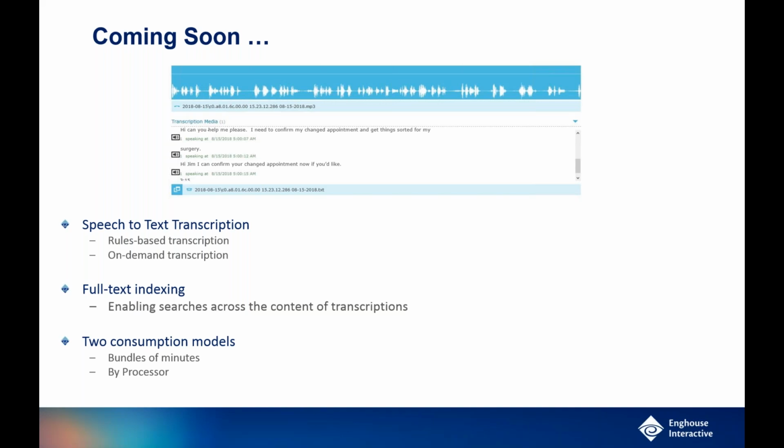And that's a very, very powerful story when you apply quality metrics to that. And again, you can set up the transcription rules based on specifics, like only do it for these calls in this queue, or you can have the agent ask for it on demand or a supervisor ask for it for a monitored call on demand, or whatever you want. It's your choice how you want to set it up.